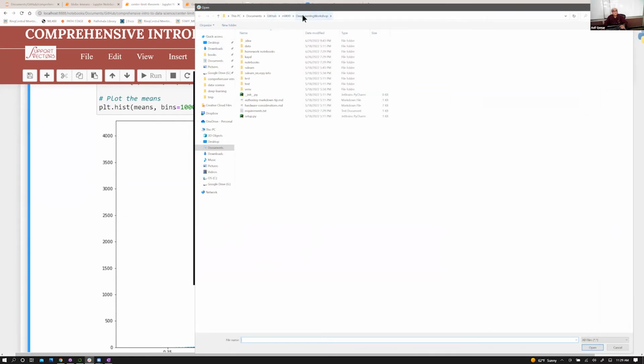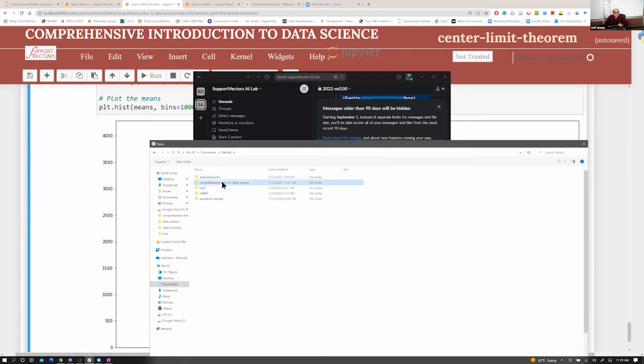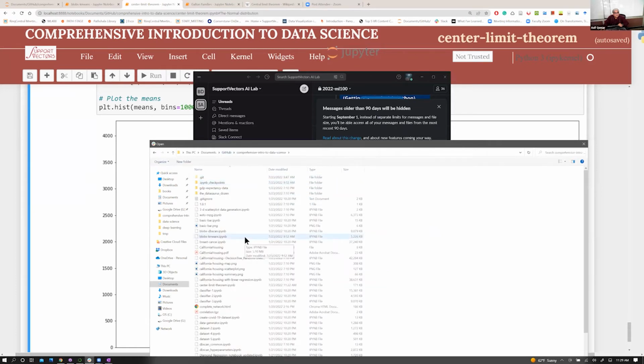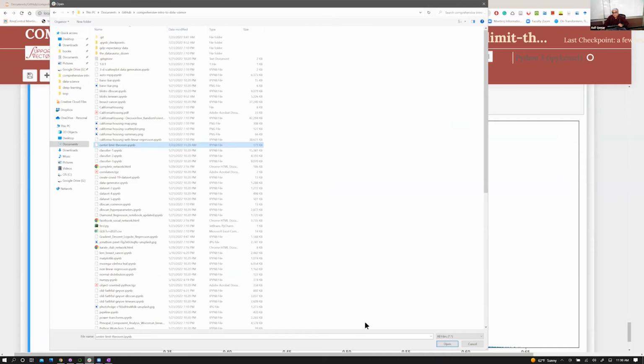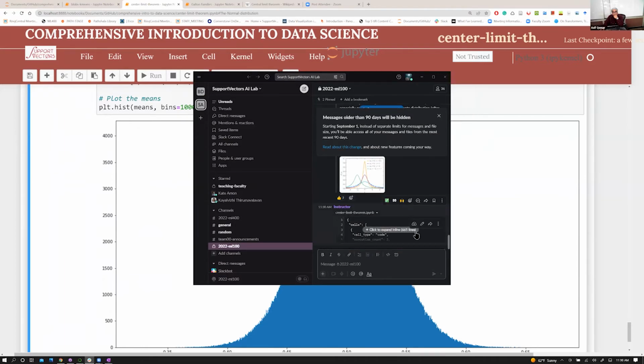And this was the central limit theorem. All right, guys, take this notebook and you will have it.